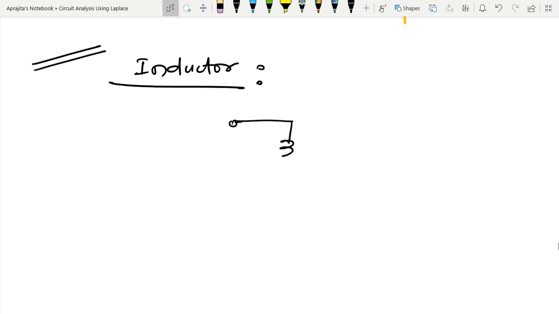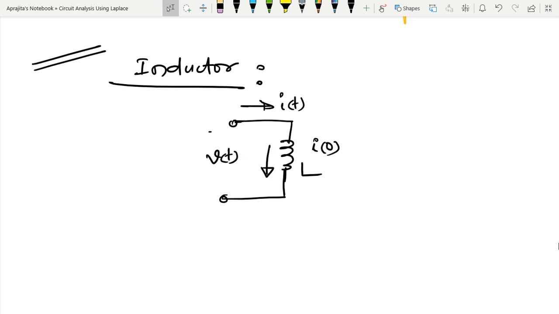So I have an inductor and some current is flowing through it, and I am assuming that there exists some kind of initial condition, that is I0 for this particular inductor L, and current is flowing through this, and I am going to apply this kind of voltage V across these two terminals.